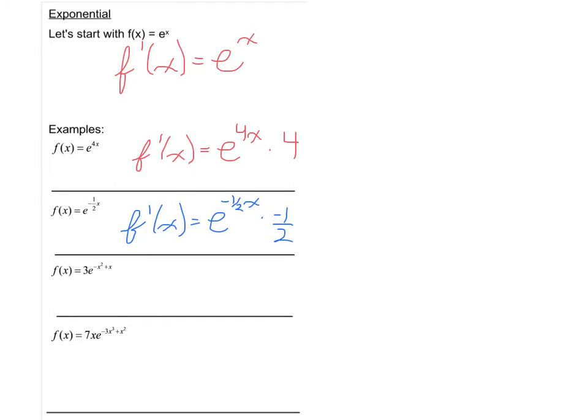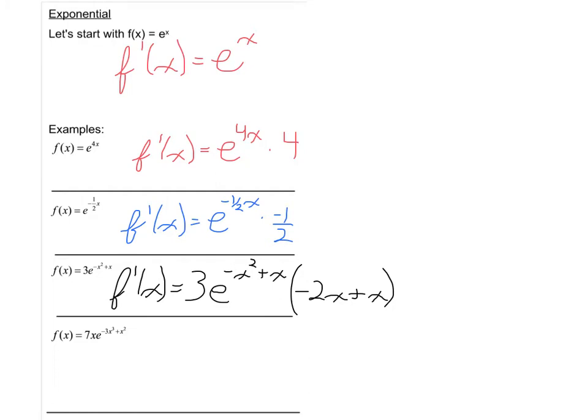Next, if I have 3 times e to the negative x squared plus x, well, its derivative is going to be 3 times e to that power, but then times the derivative of that power.